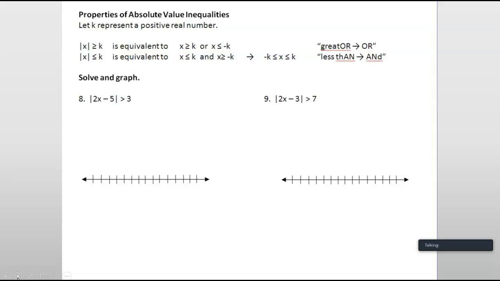You are going to hear me say over and over and over again, "greater" means "or," "less than" is "and," because that tells me what type of problem this is.